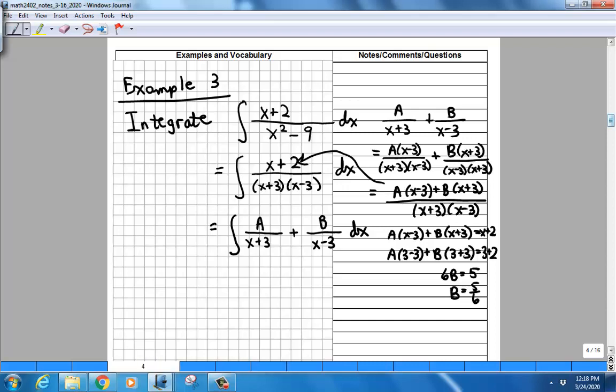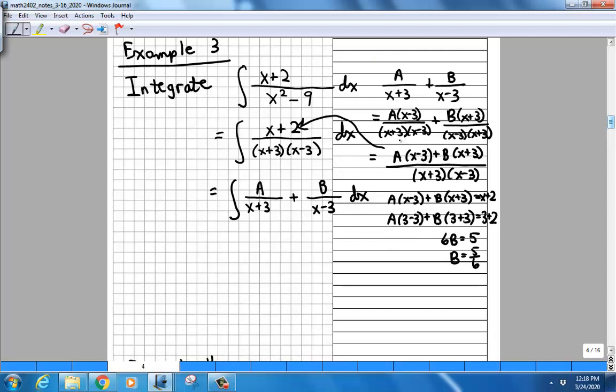And then we can use exactly the same logic, right, to determine what a is, correct? Let's substitute -3 for x now, and that will make this term disappear. So you will get a times -3 plus b times (-3 + 3), right, of course, which is going to be 0, is equal to -3 + 2. -3 + 2 is going to be negative 1, right?